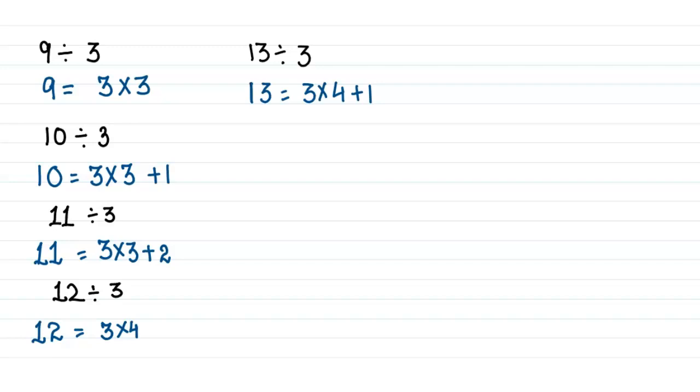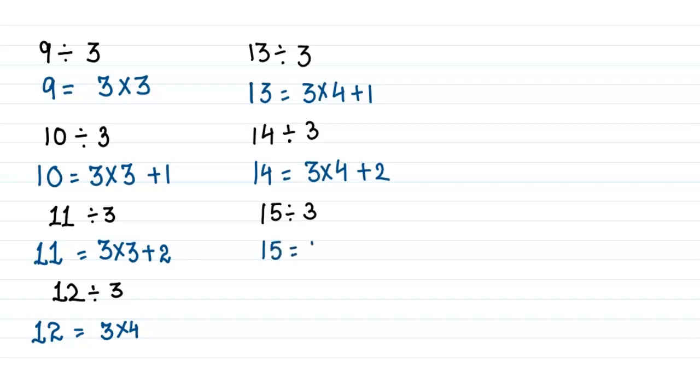We can have 14 divided by 3, and we get 14 equal to 3 times 4 plus 2. Then we can have 15 divided by 3. Now we can have 5 groups of 3, so simply there would be no remainder. And see, the statement looks like this.